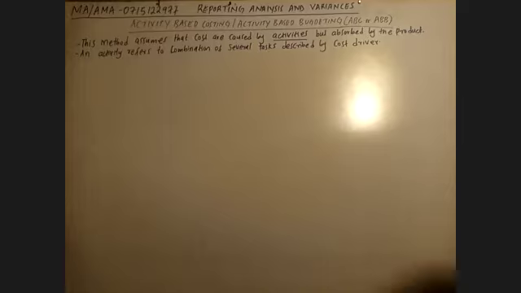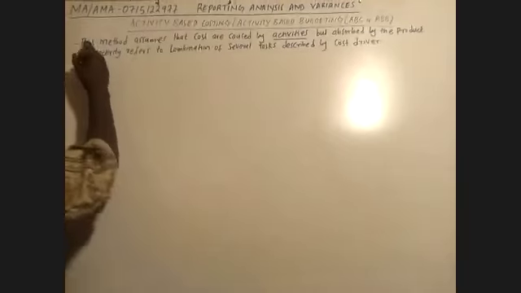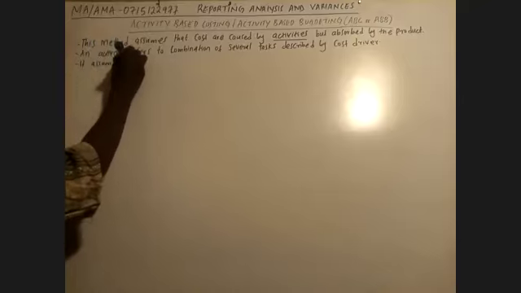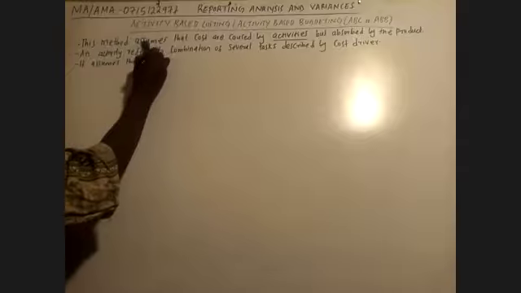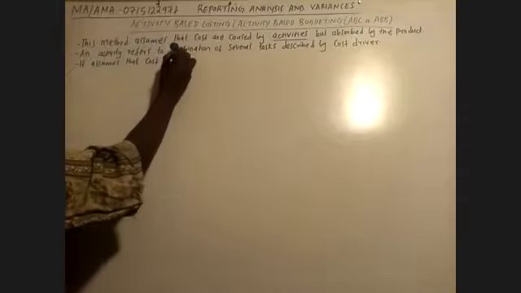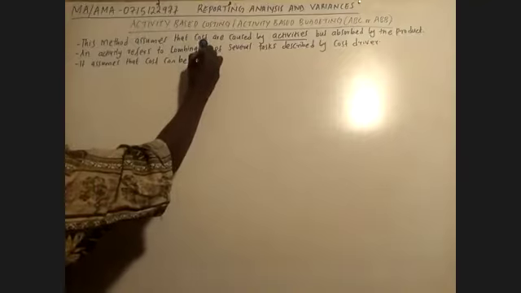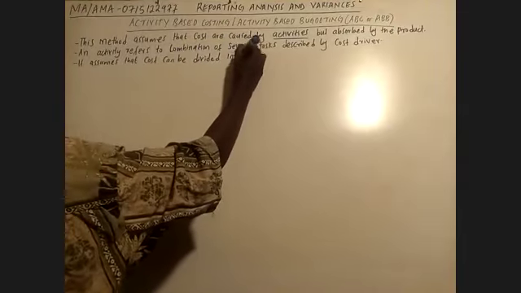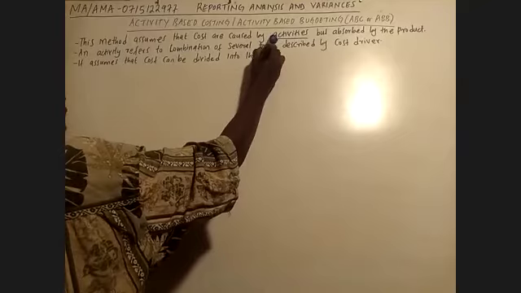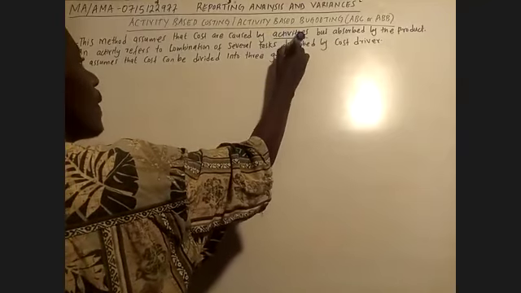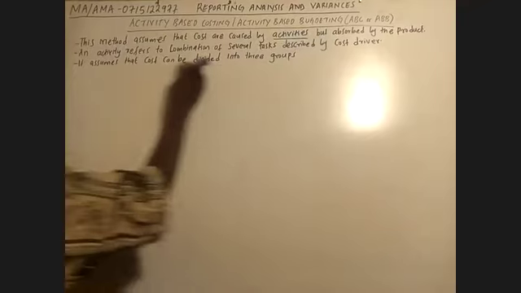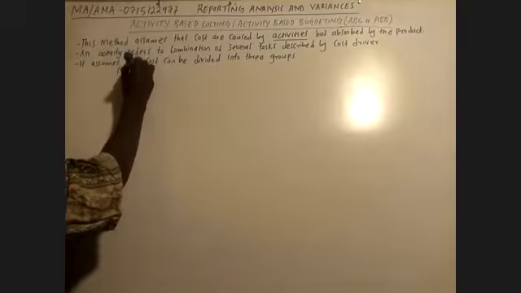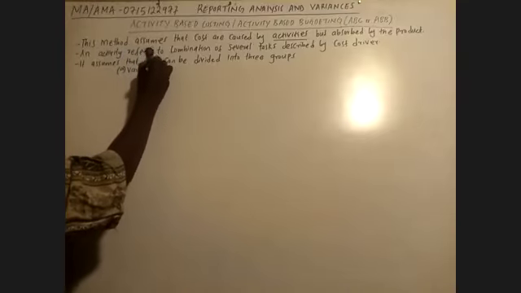Now, it assumes that costs can be divided into 3 groups. Number 1, variable cost.